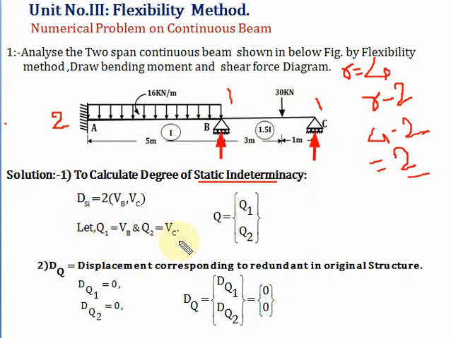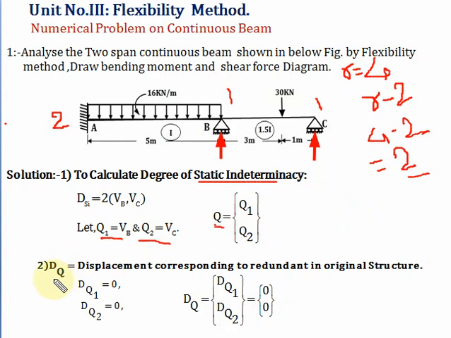Q1 is nothing but vertical reaction at B and Q2 is nothing but vertical reaction at C. So Q1 is our first unknown and Q2 is the second unknown.